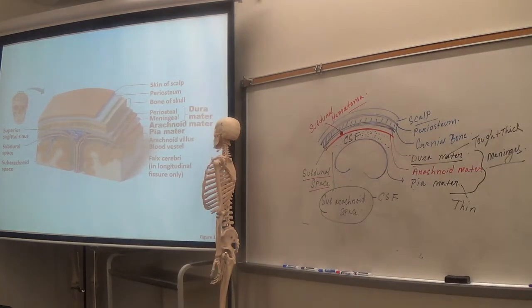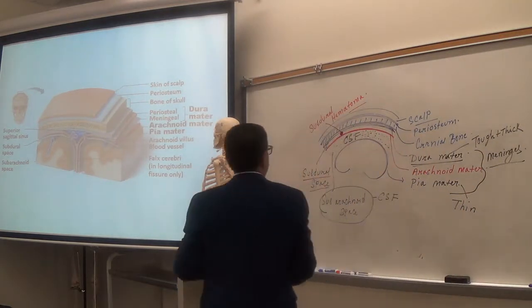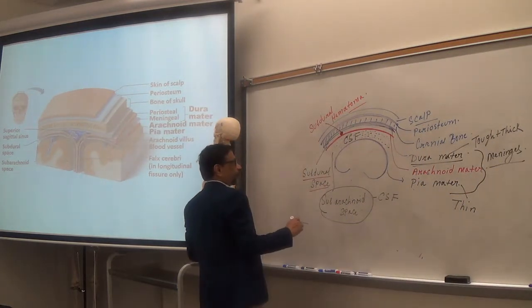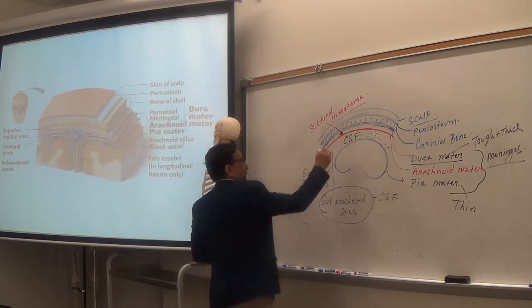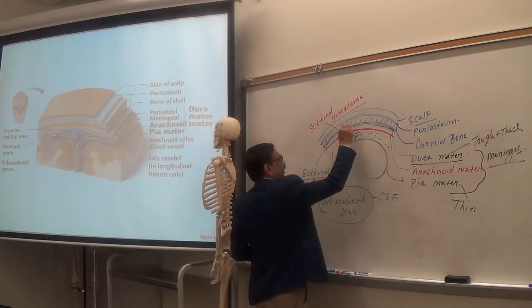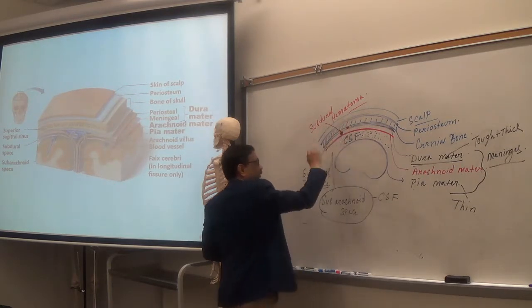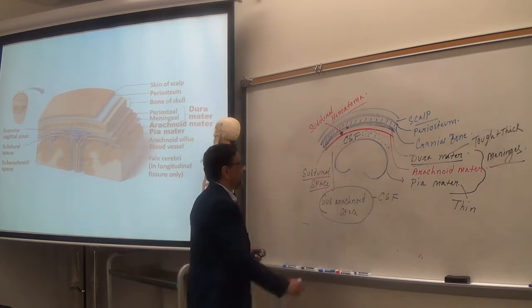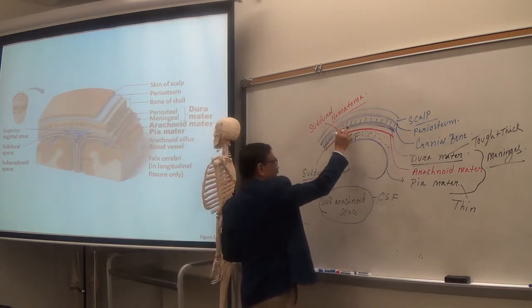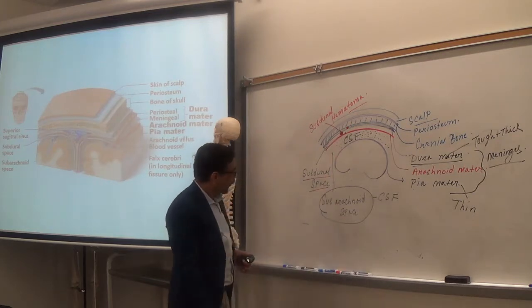Because that's a space. Blood can also accumulate above the dura mater. In that case we'll say epidural hematoma under the bone. So epidural hematoma, subdural hematoma, that can happen.